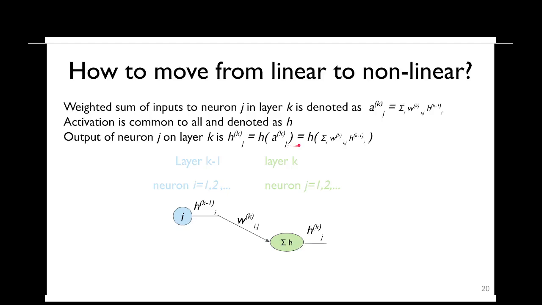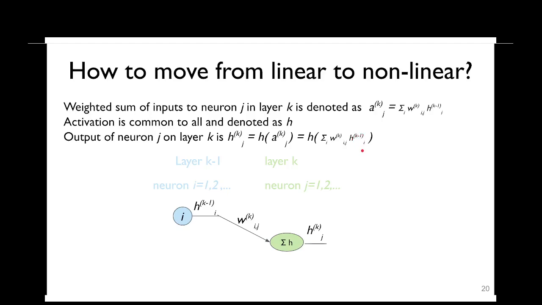And we can basically replace the a by its definition, and that means we have the activation of the sum over all i's from the previous layer, taking the weight k between i and j, applying the output of the previous layer h^(k-1)_i.